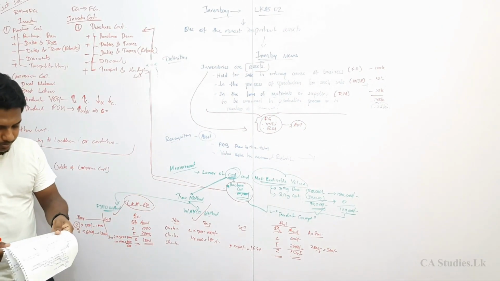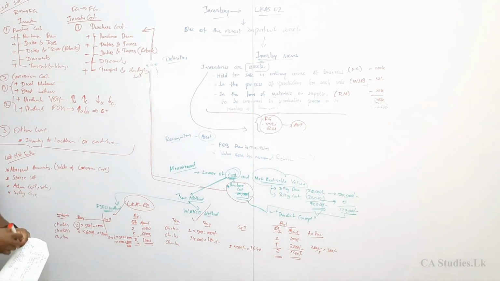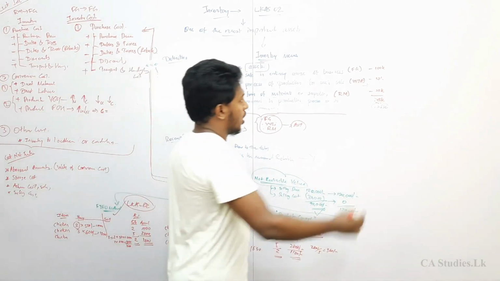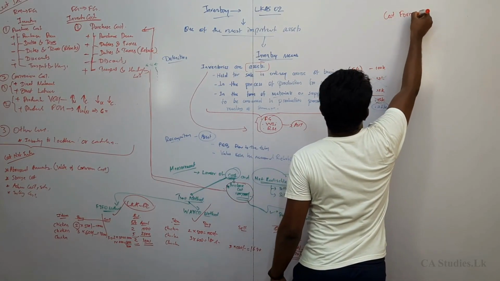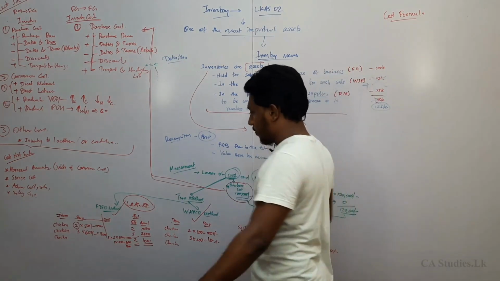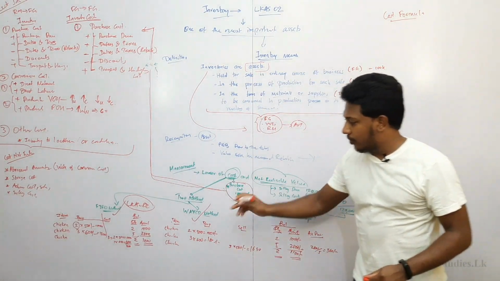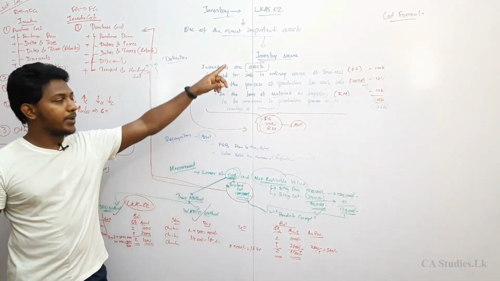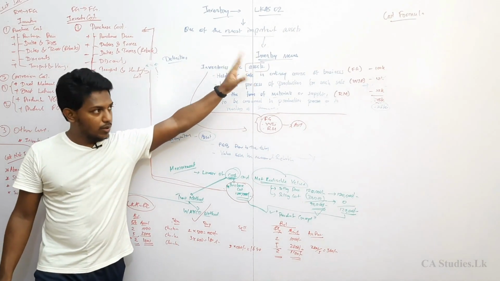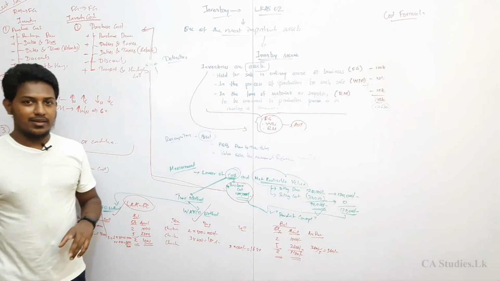Now මේ ඔක්කොම අපි කරලා ඉවරයි. ඊට පස්සේ next topic එක තමයි cost formula. Now for the measurement we follow two methods, FIFO method or FCO method. Here I am now coming to explain cost formula. මේ cost formula එක explain කරන්නේ ඒකමයි, right?